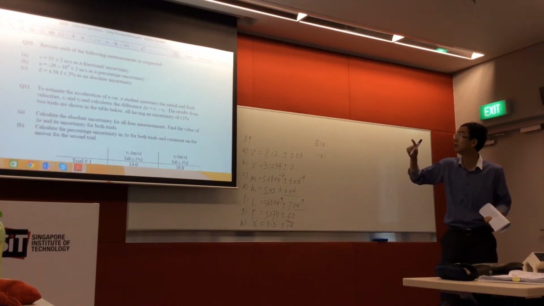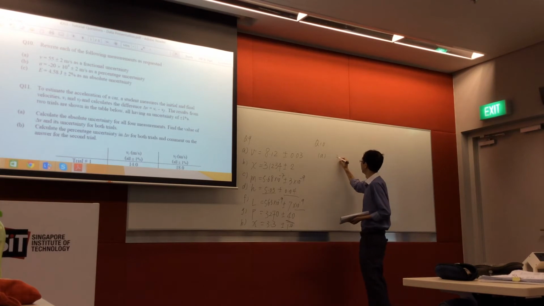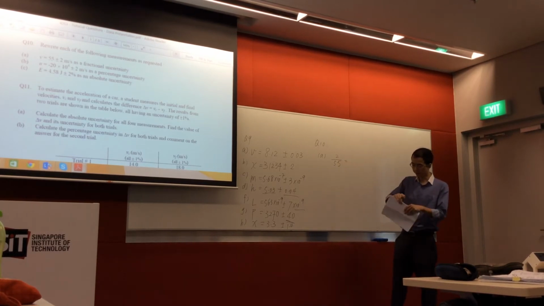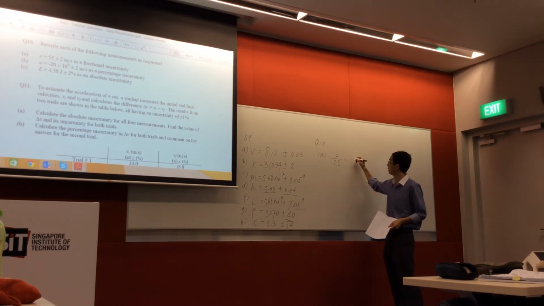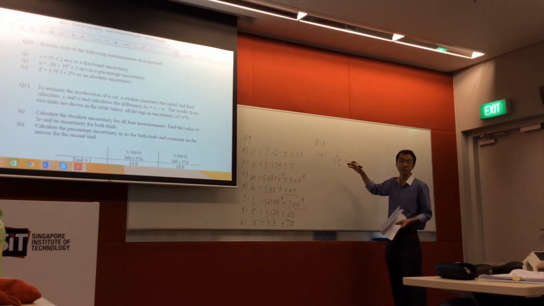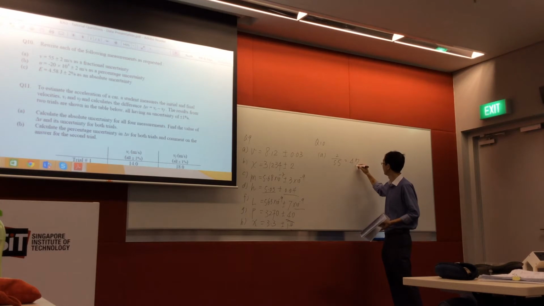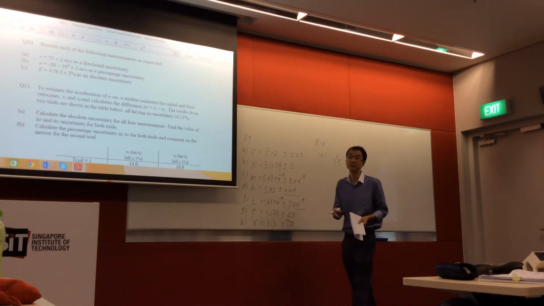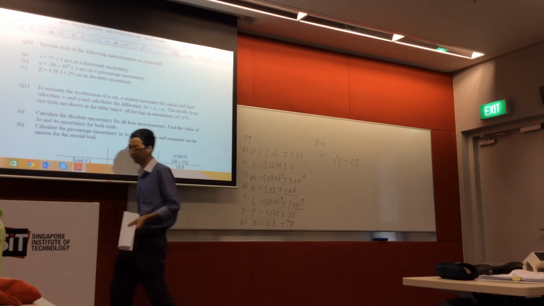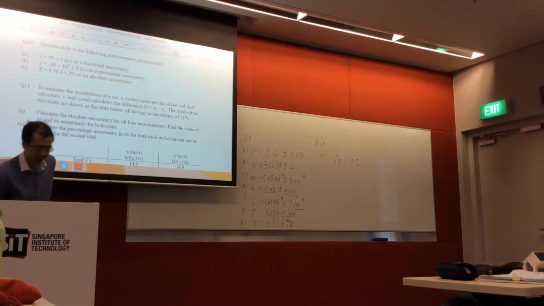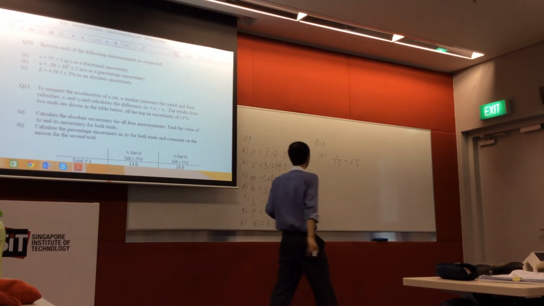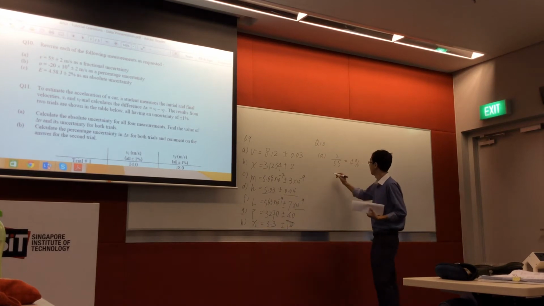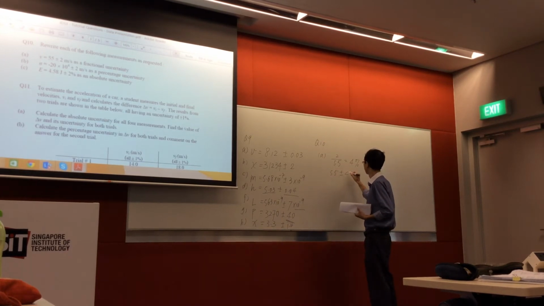So for this case, it will be 2 divided by 55. So this one gives you 3 point something percent. So again, you need to only keep one significant figure, so it will be 4%. So your result will be 55 plus minus 4%.